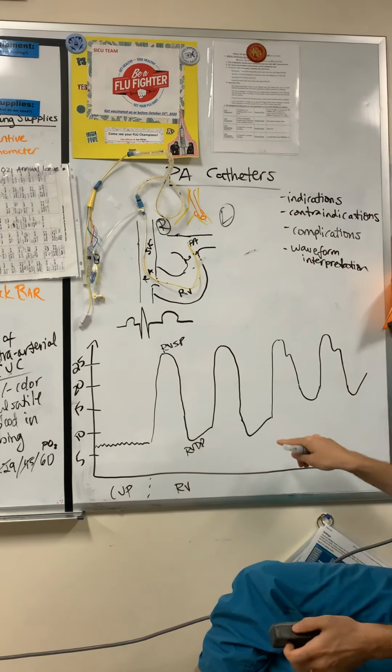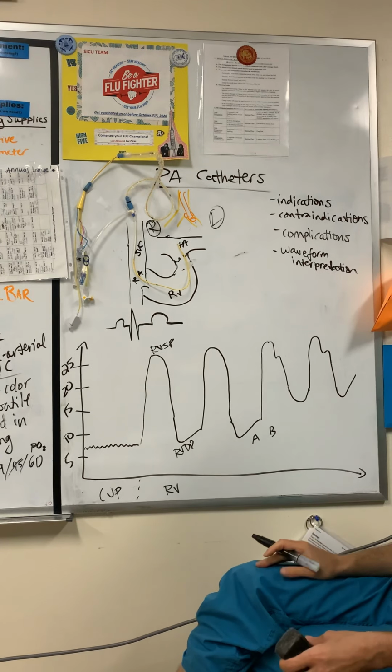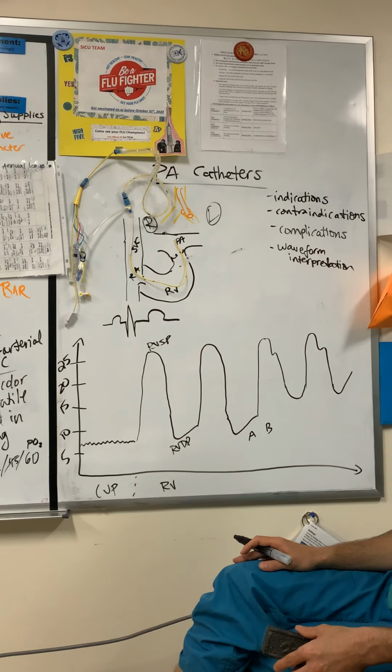There we go. Yeah, that's more realistic. So from here to here, from point A to point B, what's that? PA pressure, yeah, exactly. Okay, perfect. So what would you call the peak value up here?